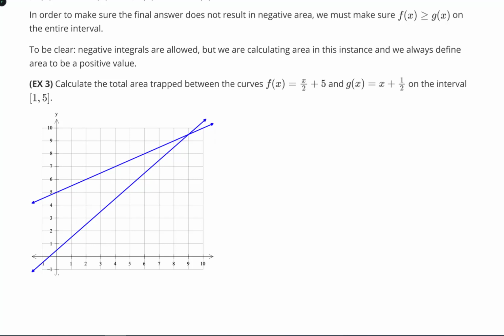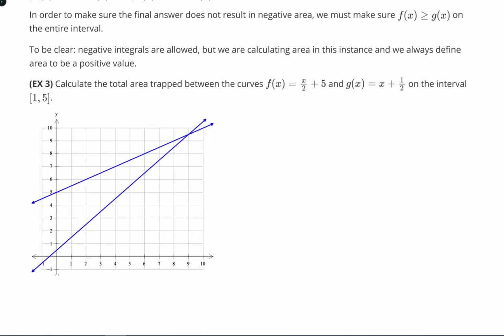And there might be very good reasons why you need an integral to be a negative value. So when we talk about integrals, negative integrals are allowed. But when we're calculating area, we need to make sure everything stays positive. So it's really in the language that you need to watch out for to make sure you know when you're allowed to come up with a negative answer, or allow cancellation, or you're not allowed.